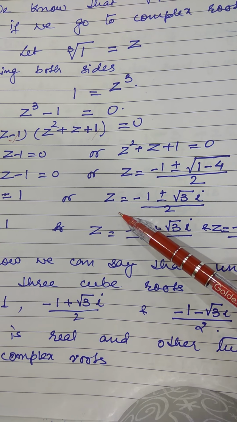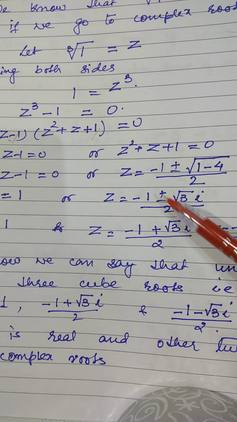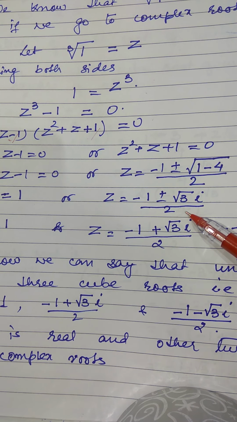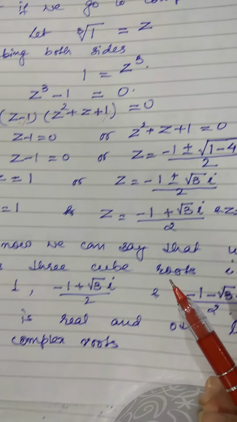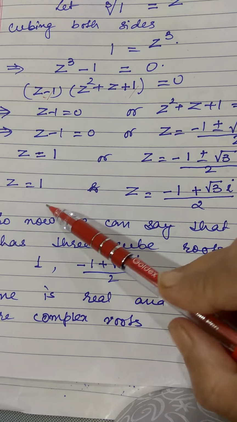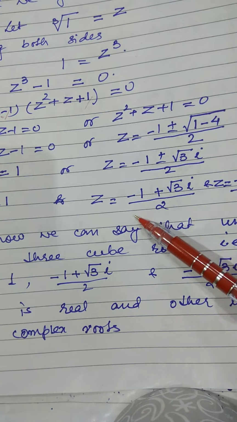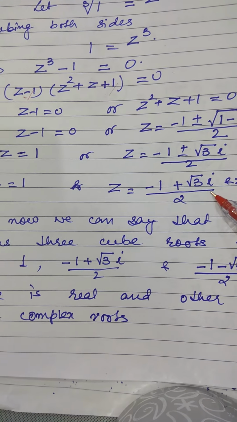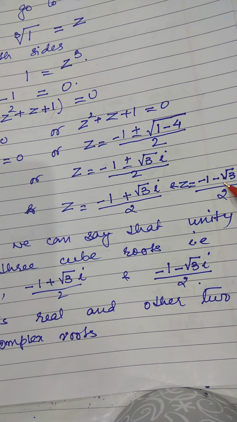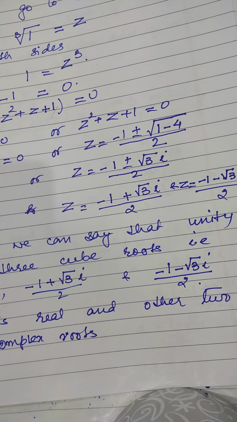So now z is equal to minus 1 plus minus root 3 iota upon 2. So now we have 3 cube roots of unity. z is equal to 1, z is equal to minus 1 plus root 3 iota upon 2, and z is equal to minus 1 minus root 3 iota upon 2.